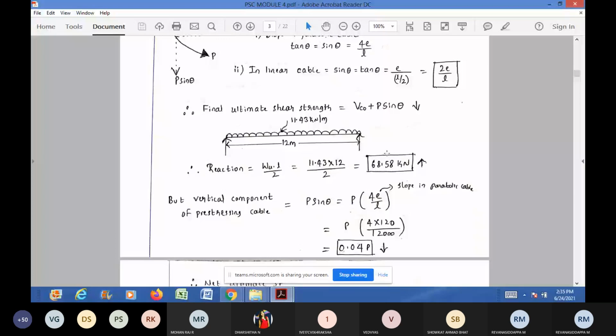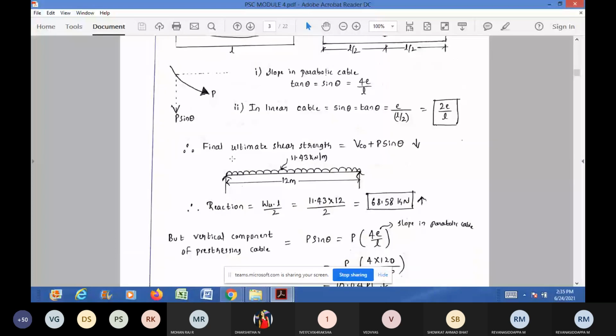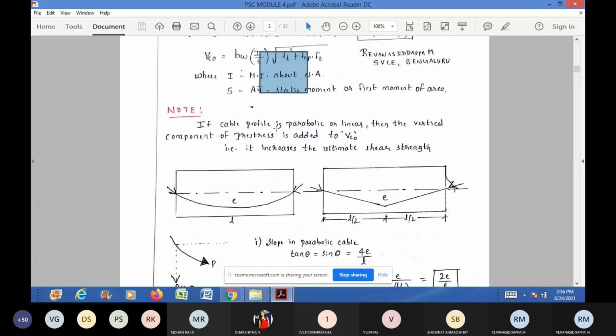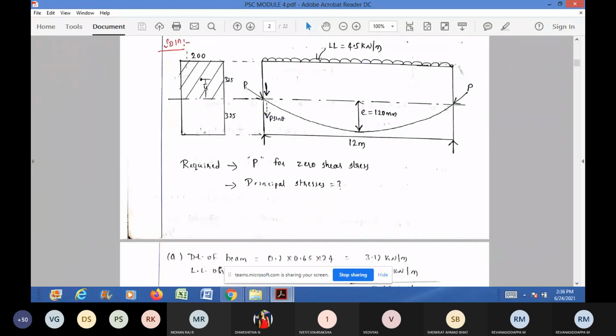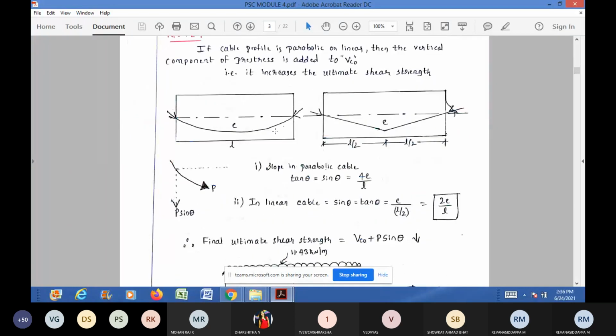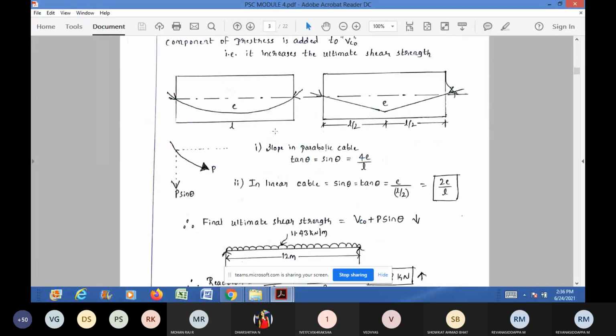So the shear force at the support due to the load is 68.58 kilonewton, and this shear force corresponds to the load applied. This shear force minus the vertical component of the pre-stressing force in the cable, that is P sin theta, will give VU. Understood?